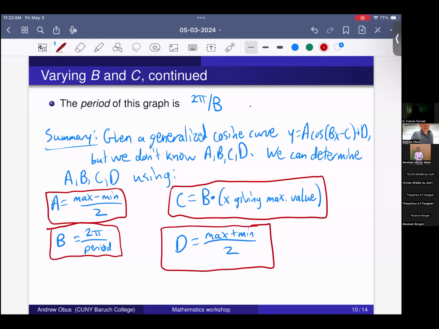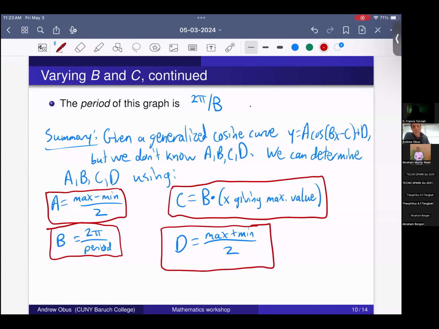Basically, if somebody hands you a generalized cosine curve, and you just see the graph, and they say, this is a generalized cosine curve, here's its graph, I'm not going to tell you the equation. Well, from its graph, you can figure out the maximum value, the minimum value, and the period.